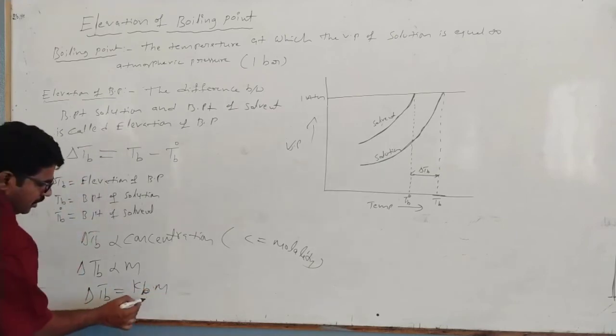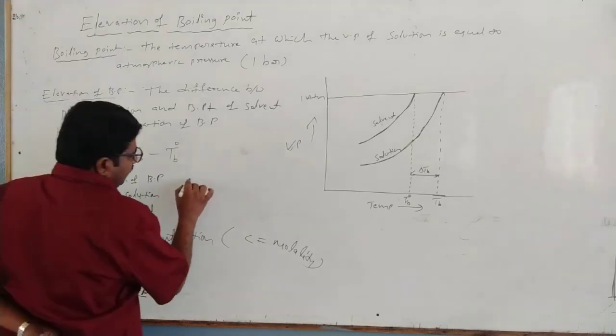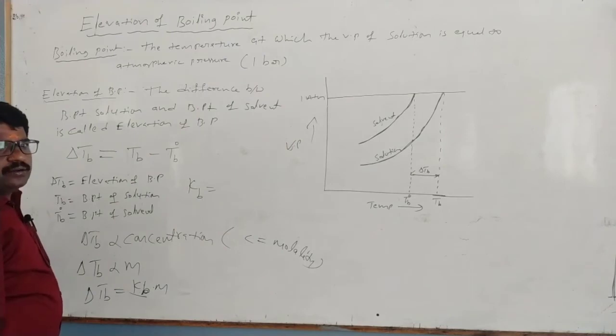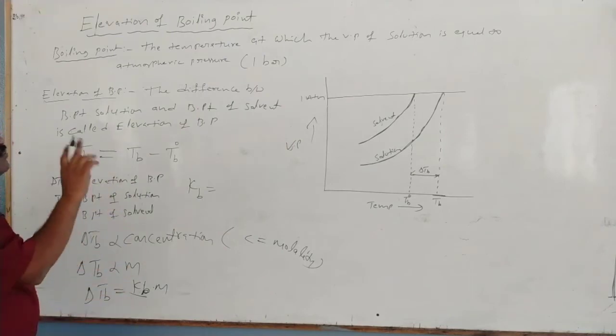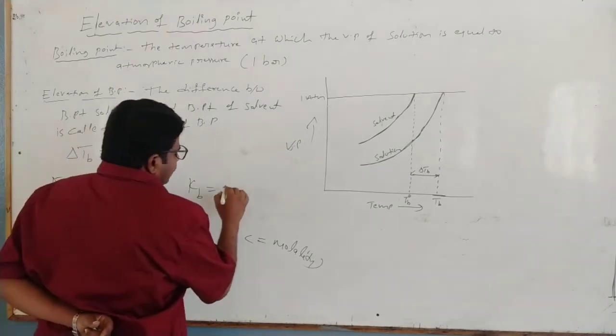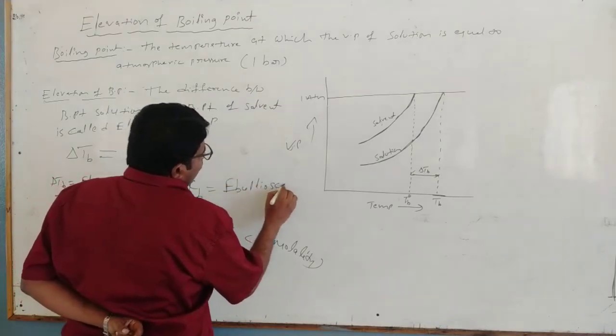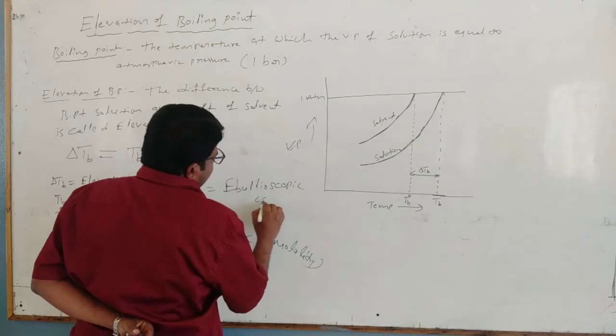Now Kb is called the elevation of boiling point constant, or molar elevation boiling point constant, or ebullioscopic constant.